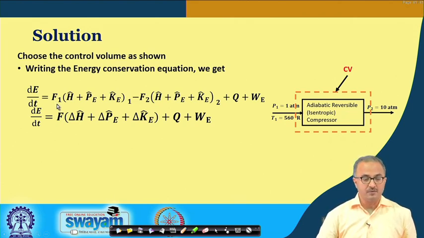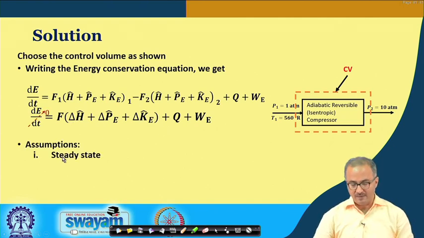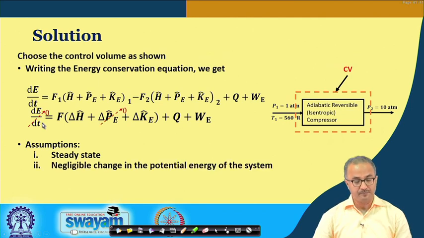Now, from the mass balance equation, we find that F1 and F2 are the same and equal to F. So, we are rearranging this particular equation in terms of F. Now, again assuming steady state, we have this first term as 0, and we assume that there is negligible change in the potential energy of the system from the inlet to the outlet, so that this term goes to 0.